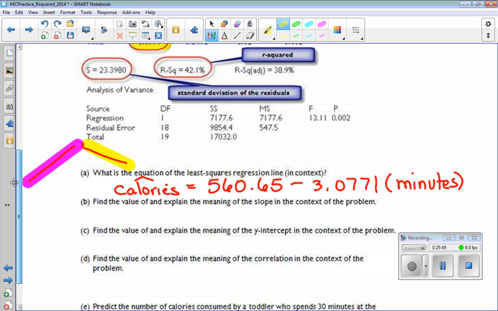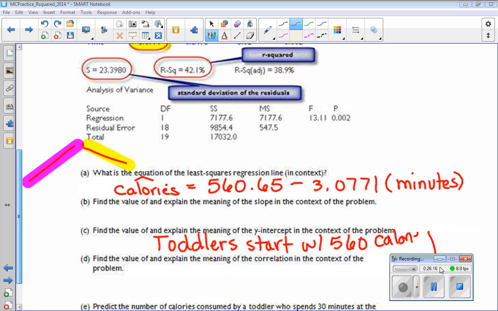Let me write down what I would expect you to say, okay? In this particular problem, let's do the meaning of the y-intercept first, because I think that's a little bit easier to understand. Toddlers start with 560 calories.